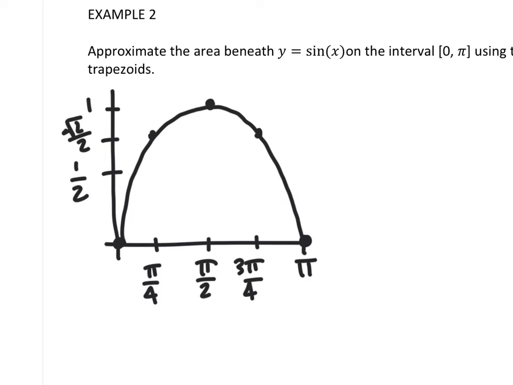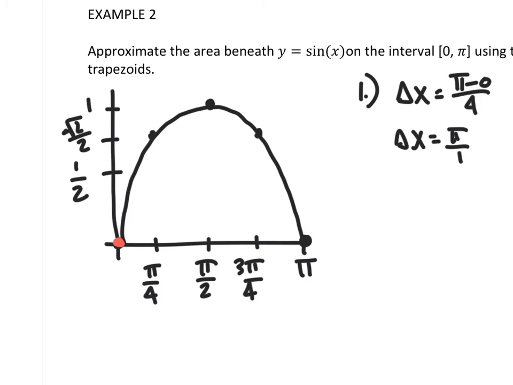So what I want to do is think about what these y values are on here. Before I do anything, let's do step 1. Delta x is equal to pi minus 0 over 4, so delta x is equal to pi over 4. I'm going to go ahead and find all my different y values and start drawing my trapezoids.